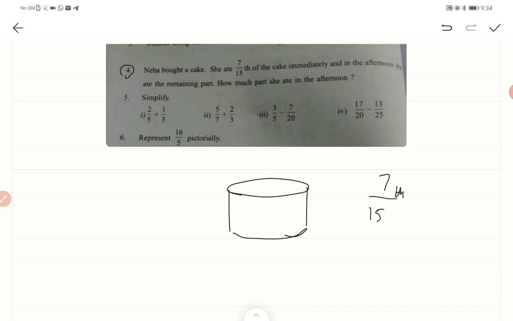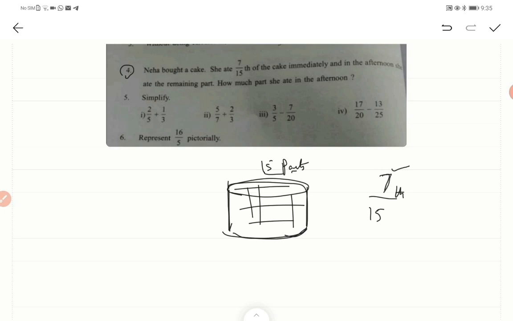So that means this cake is divided into 15 parts. I'm not showing it in the figure. Overall, this total cake is divided into how many parts? 15 parts. Out of those 15 parts, 7 were utilized.